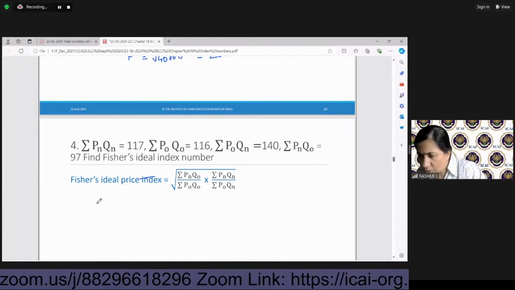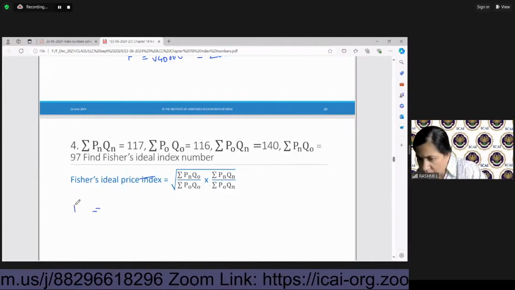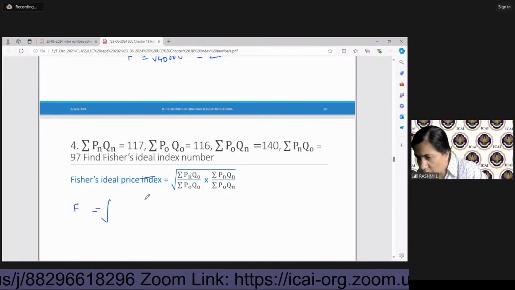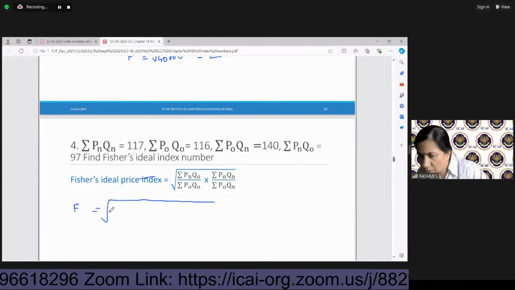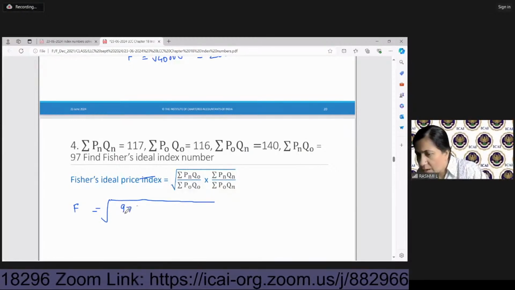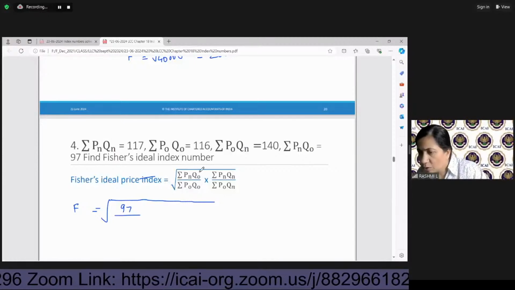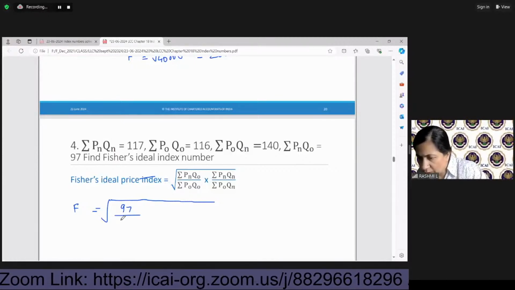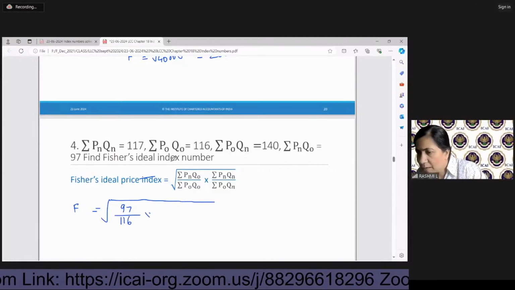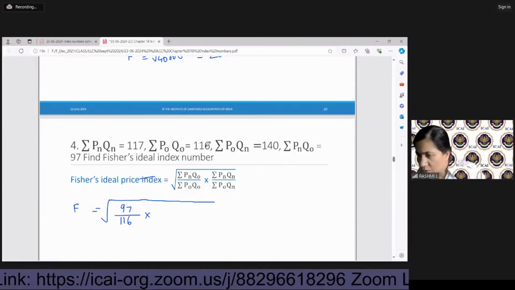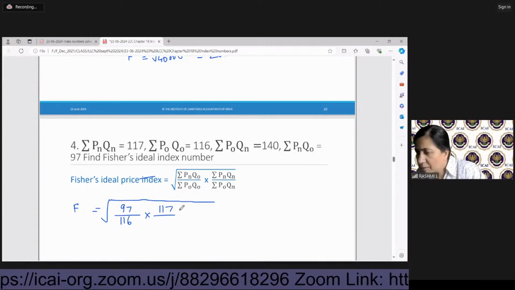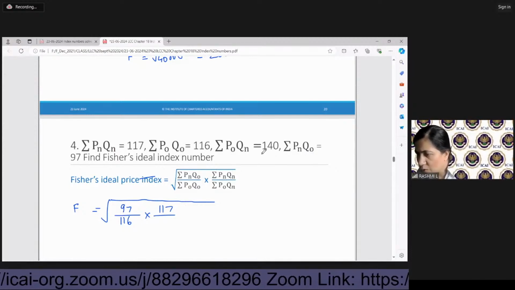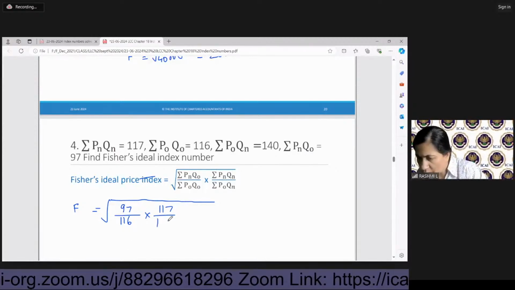F will be equal to square root of summation PnQ0 upon P0Q0, into PnQn upon P0Qn. PnQ0 is 97 upon P0Q0, which is 116. PnQn is how much? 117. And P0Qn is 140.